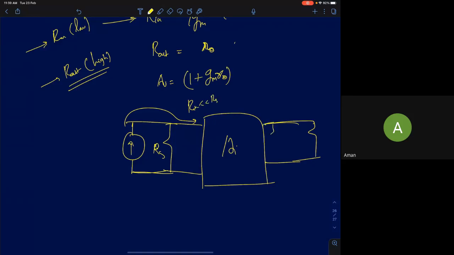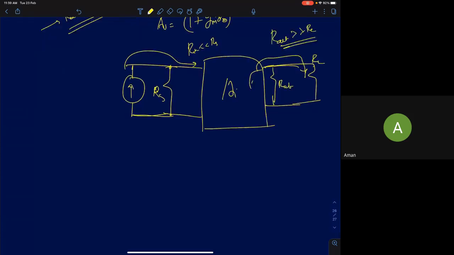Similarly, a current amplifier at the output will have its own output resistance. All the current the amplifier is going to generate, you want it to flow into the load resistance. And for that, you need your output resistance to be much greater than RL. So a common gate amplifier better approximates a current amplifier.